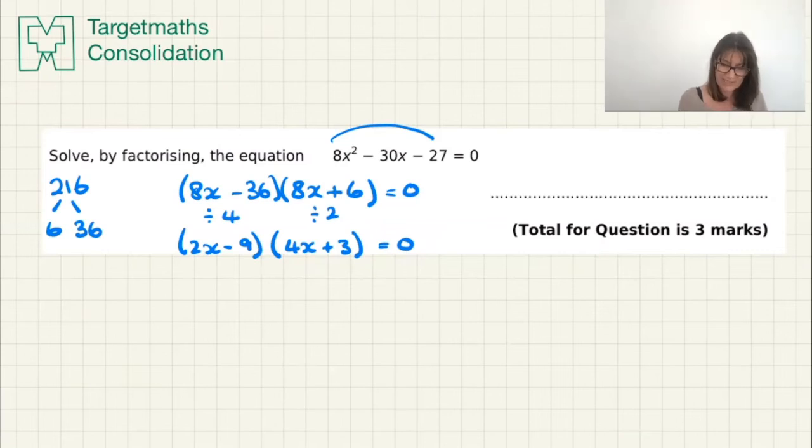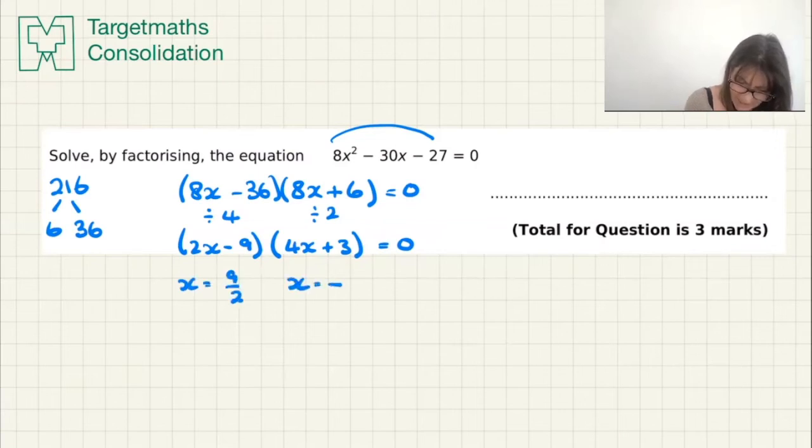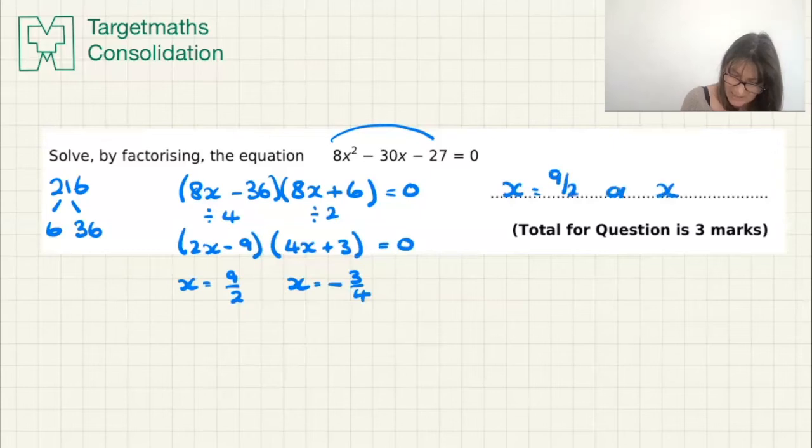It just says, oh, it does say solve by factorizing. What am I talking about? So this one is going to be x equals the opposite sign, 9/2. And this is going to be x equals the opposite sign, 3/4. And don't even bother changing it to decimals or anything. You really don't need to, okay? So x is 9/2 or x is minus 3/4.